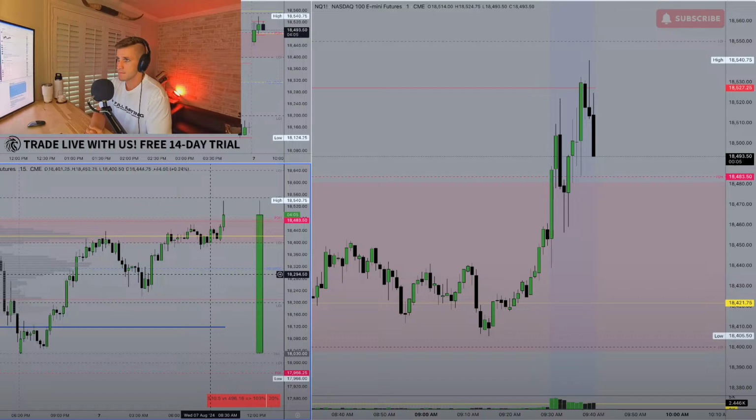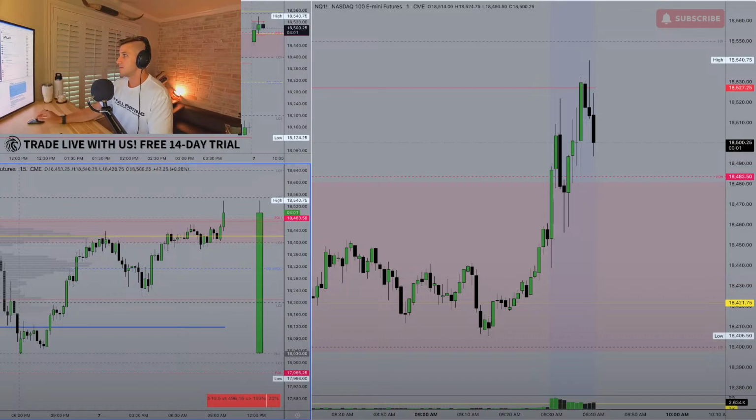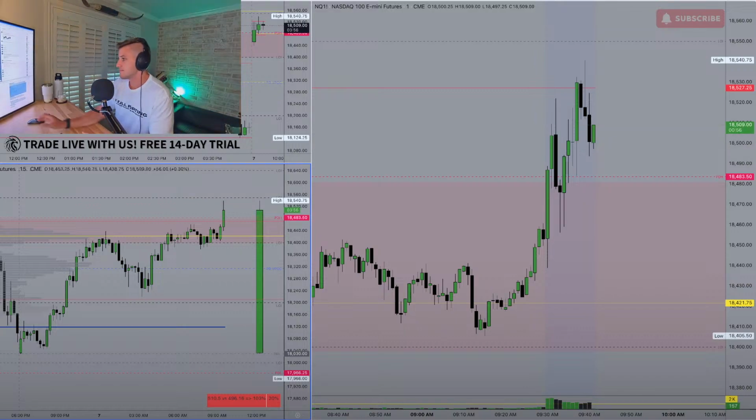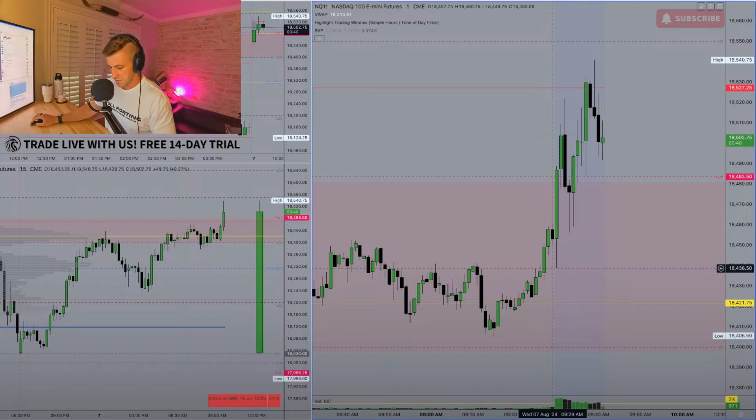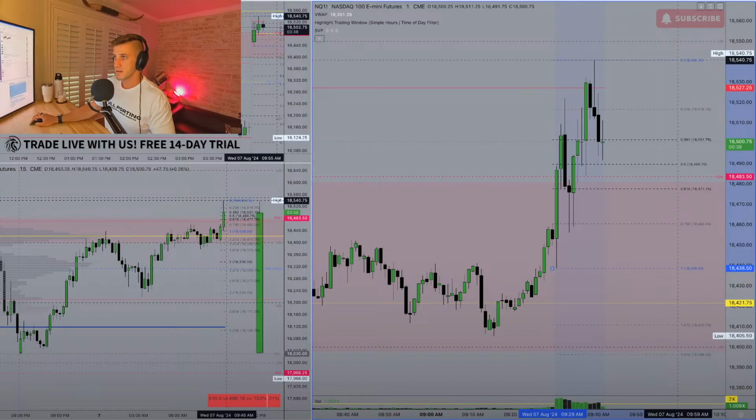Back into that prior day high zone here. Is it worth throwing the fib yet? Let's see. Right there into that 50% on this 100-point move off the open.